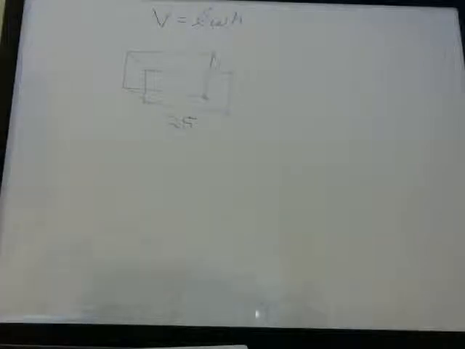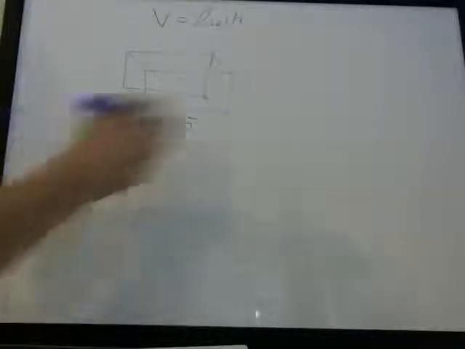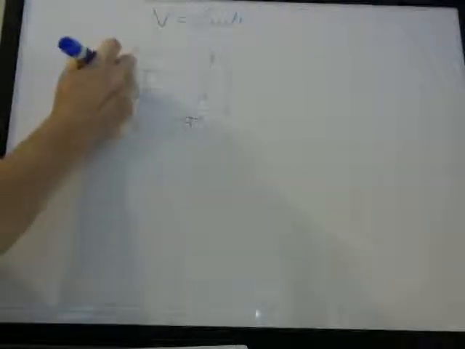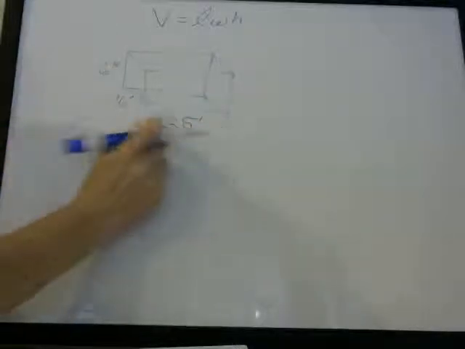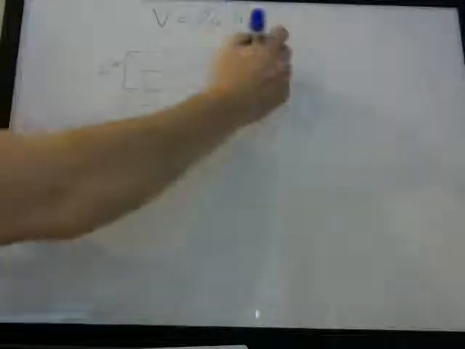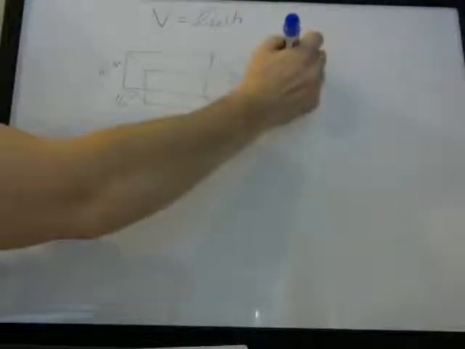You're going to pour concrete in a driveway that's 25 feet by 16 feet by 6 inches. This is drawn out of scale, but it's 25 feet by 16 feet. But the depth of it, remember it's a driveway, is only 6 inches. So how many cubic feet of concrete do you need?